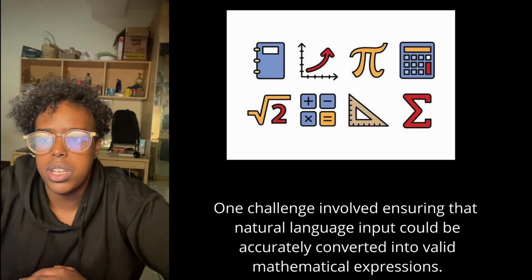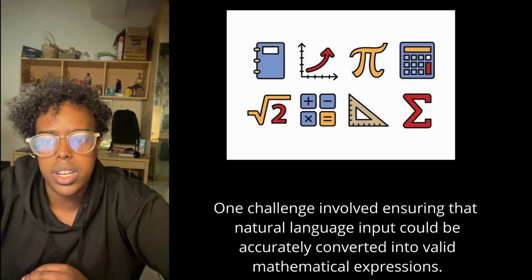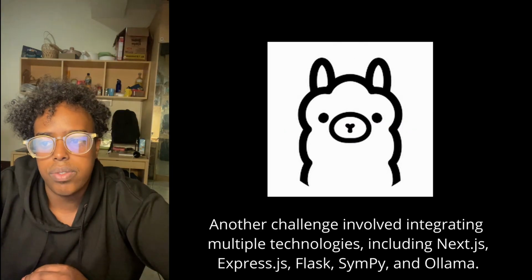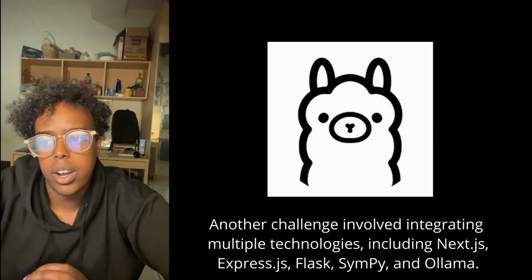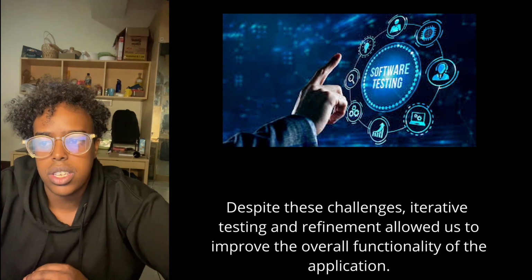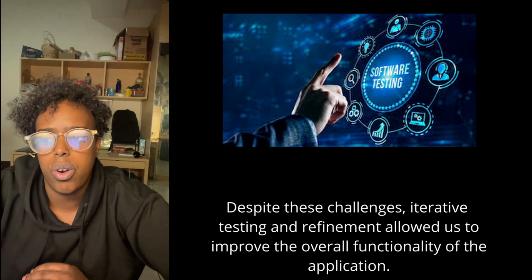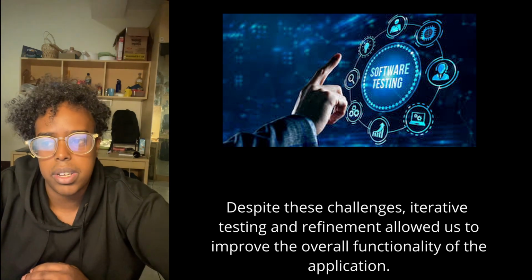Throughout this project, we encountered several challenges. One challenge involved ensuring the natural language input could be accurately converted into valid mathematical expressions. Another challenge involved integrating multiple technologies including Next.js, Express.js, Flask, SymPy, and Ollama. Despite these challenges, iterative testing and refinement allowed us to improve the overall functionality of the application.